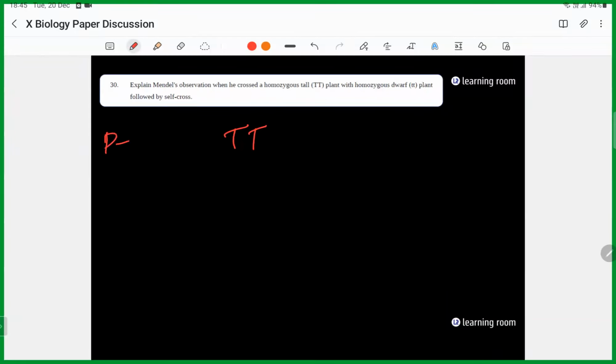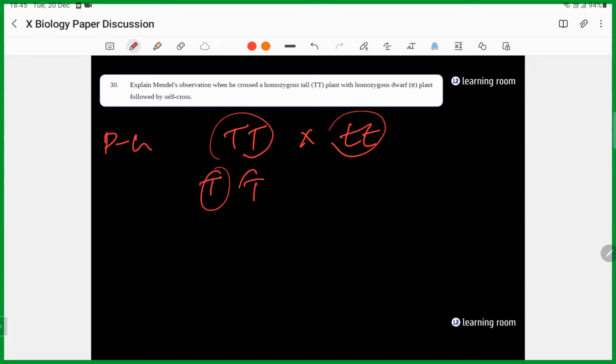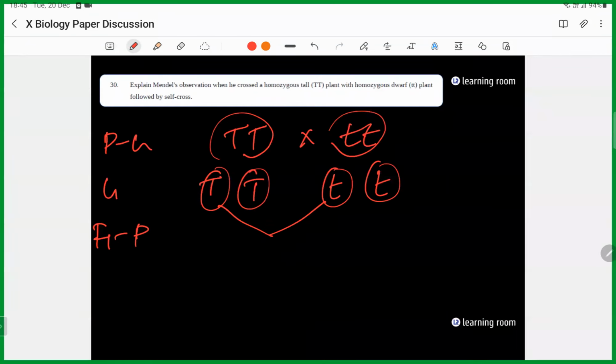The P generation is how the gametes are formed. Tell me how you worked this out. From the first one it is big T and big T, and for the second, in gamete formation, small t and small t. Very good. F1 progeny: all are heterozygous tall.